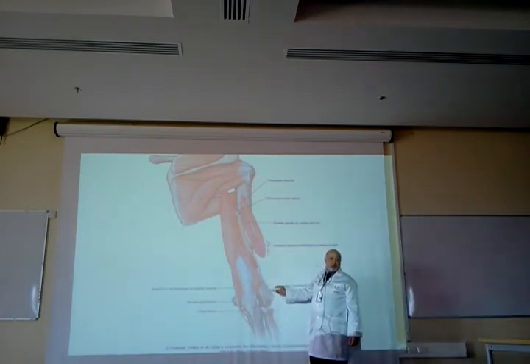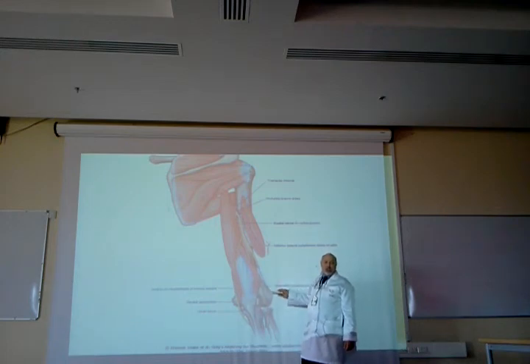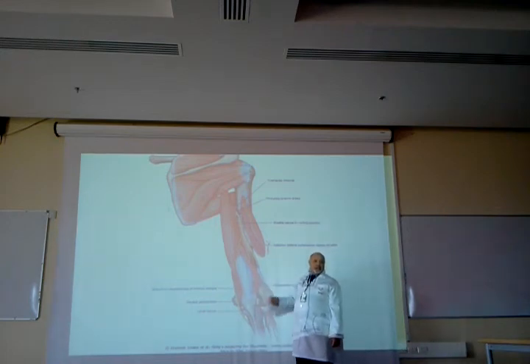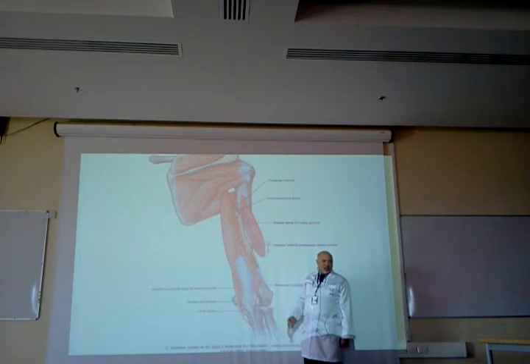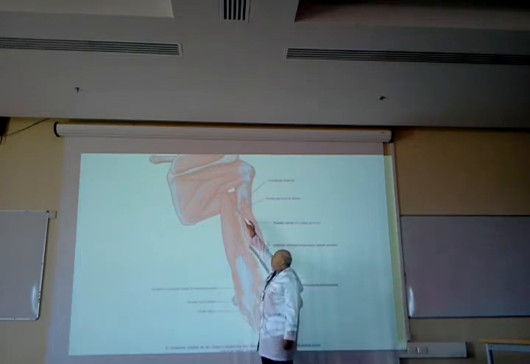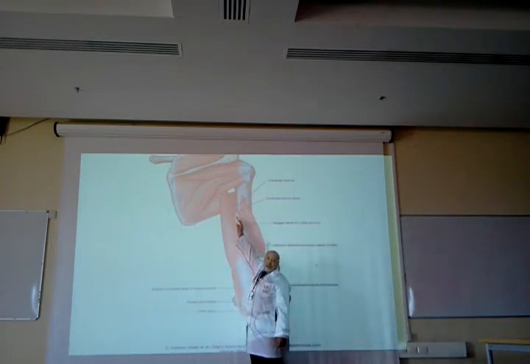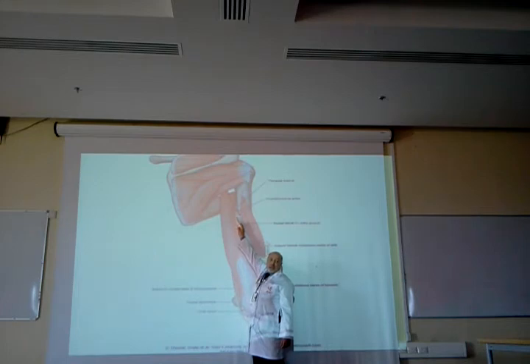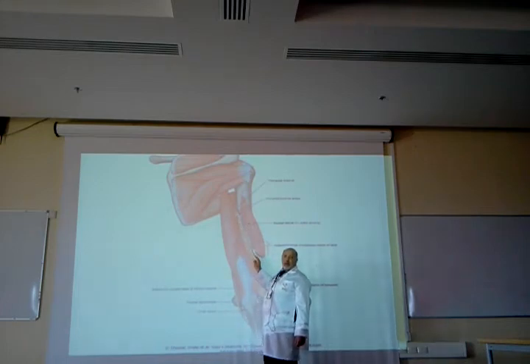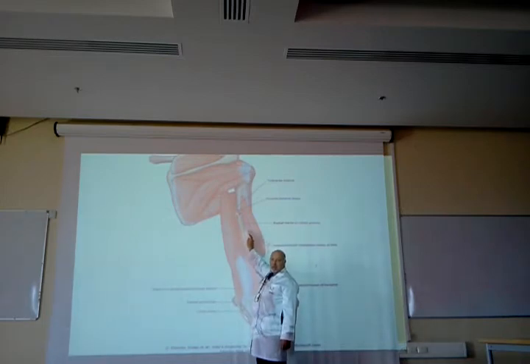The lateral intermuscular septum, to come in front. So it was behind, entered the triangular space, left the axilla, and entered the spiral or radial groove under the lateral head of triceps, between the lateral and medial heads.